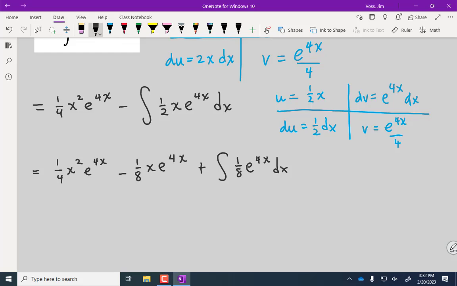So if the du v was negative, like when you combine them, would that be plus 1/8 and then minus the integral of that? Yes, exactly. Which one did you say? If this one was negative? Well, like the bottom one, if this one was negative, then that would be positive and that would be negative. If this one was negative, this would be negative and that would be negative. Because the uv is what goes out here.